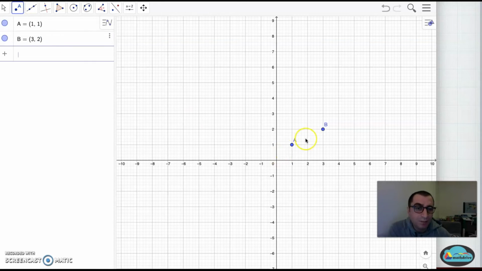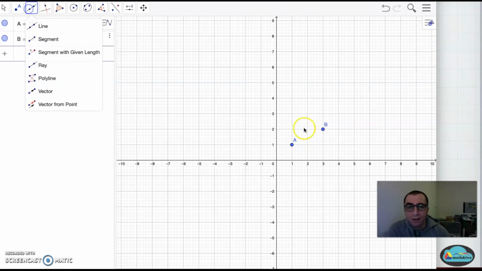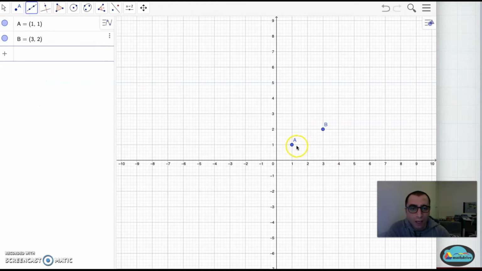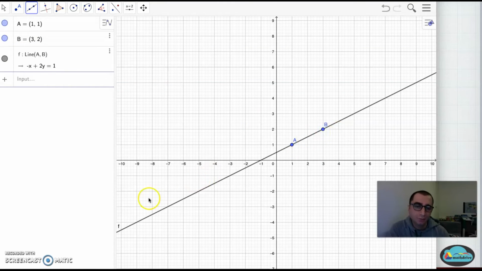Remember, you are doing this manually on just a piece of paper. Then you draw a line with your ruler passing through these 2 points. Now the first line is drawn and you're waiting for the second line.